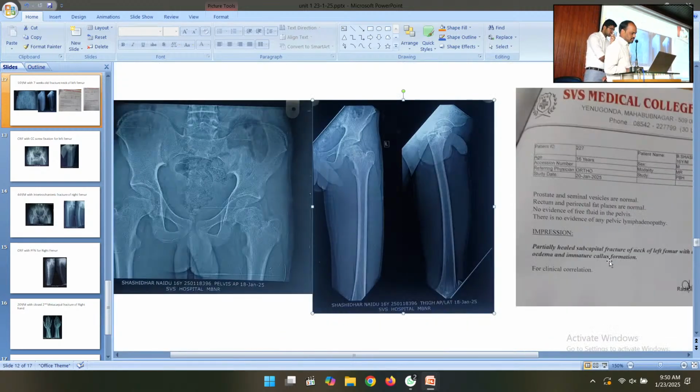Why MRI? Any avascular changes? Do you expect avascular changes to take place? Healing.